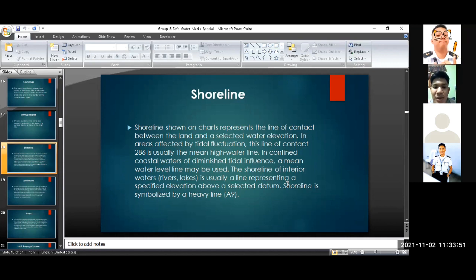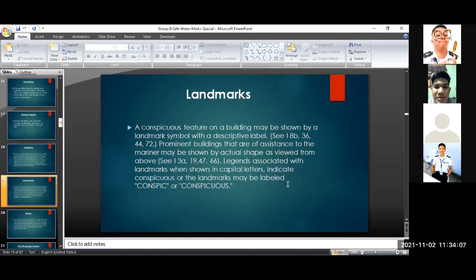The shoreline of inland waters, rivers, and lakes is usually a line representing a specified elevation above a selected datum. Shoreline is symbolized by a heavy line, A9. Next slide, please.